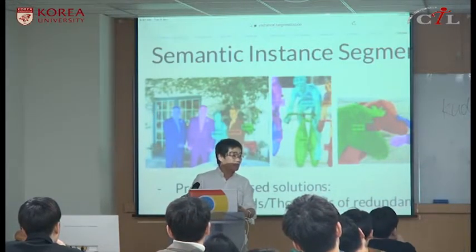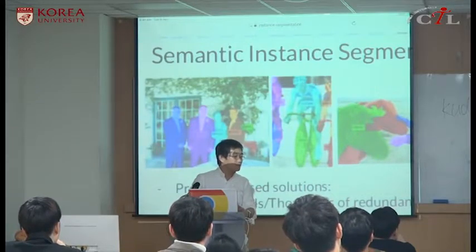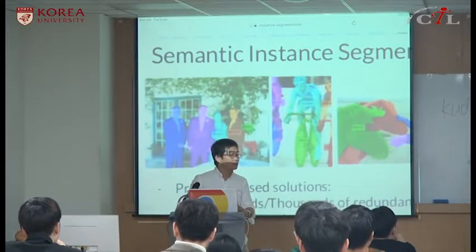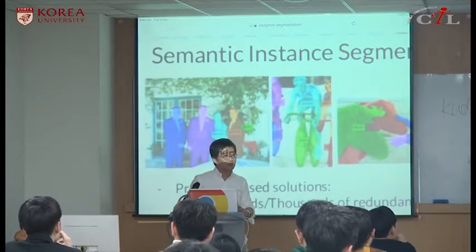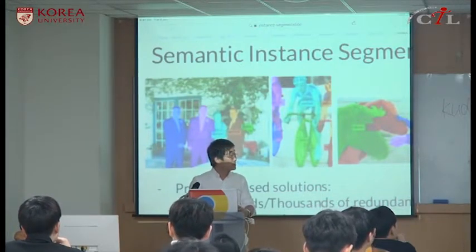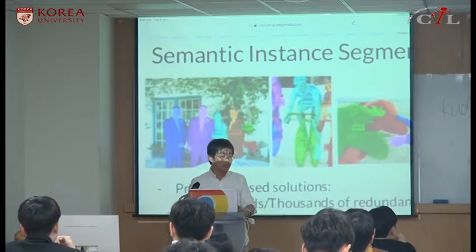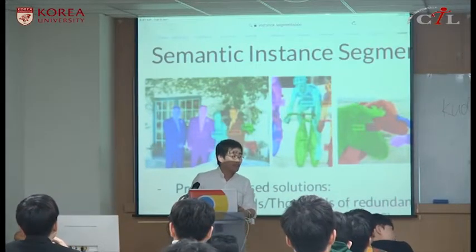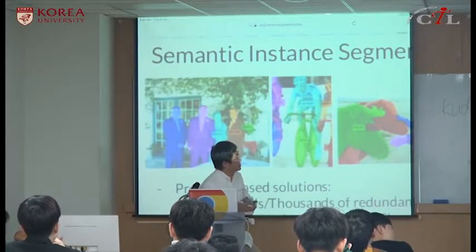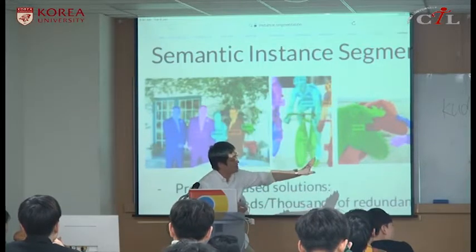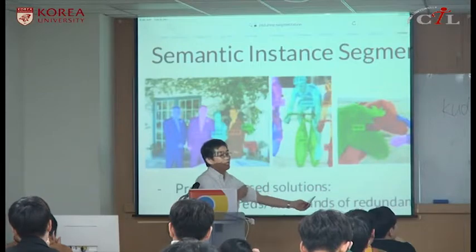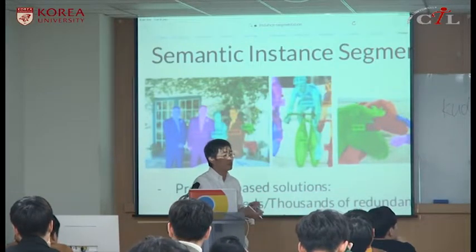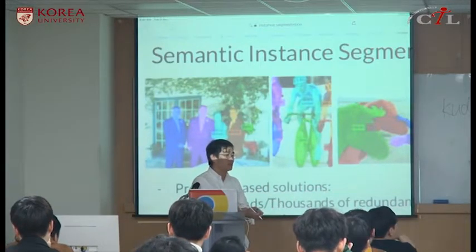And then how many persons are there in this image, and where exactly are these persons located? There are 4 different persons in this image, and the first person is on the left, and then the middle and the right, right? That way we can predict or determine the exact location of these persons.